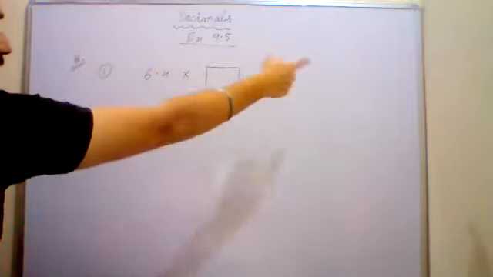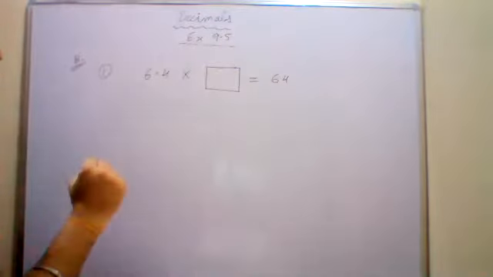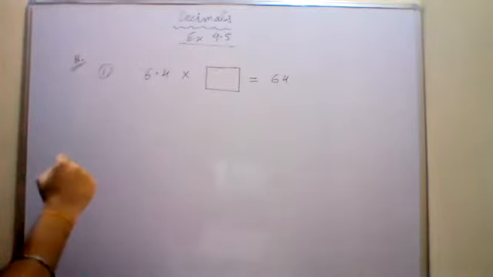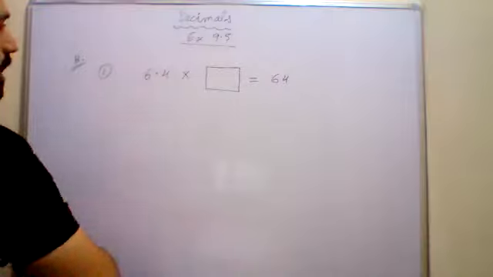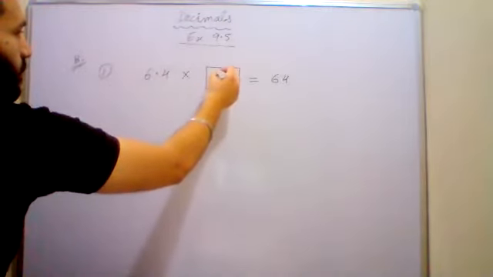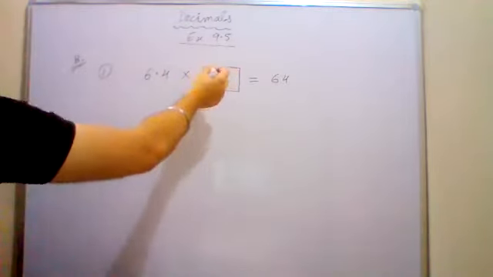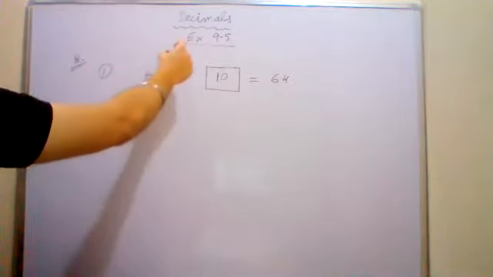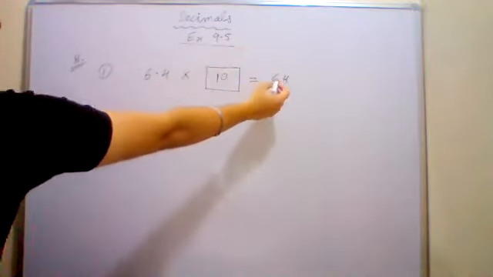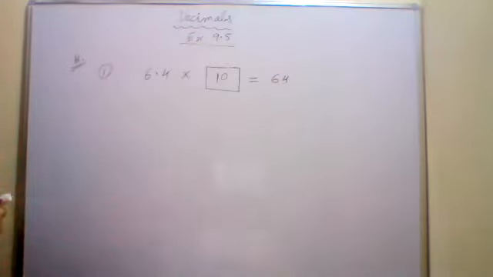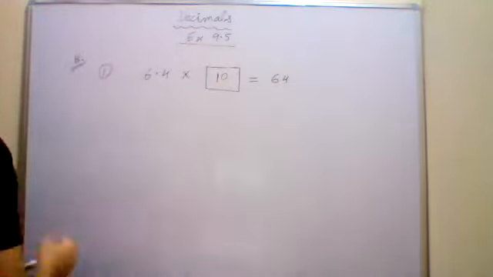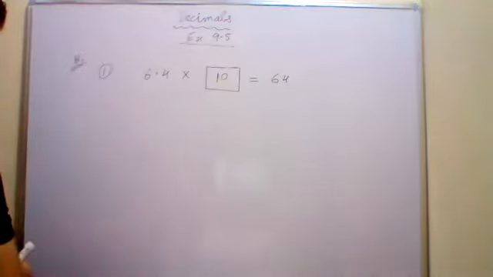So that means we will multiply by 10. If we multiply 6.4 by 10, the decimal will move one place to the right, so the answer will be 64. What is your answer? It is 10. Understood, everyone?